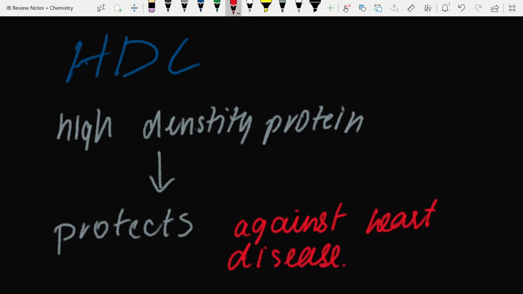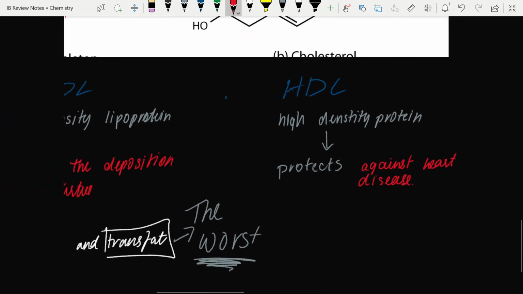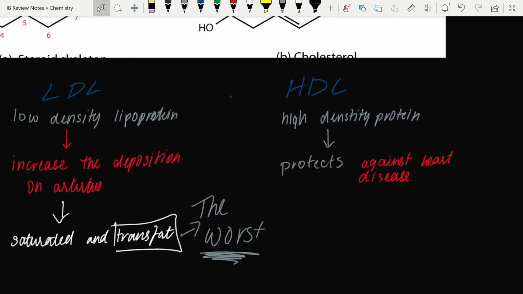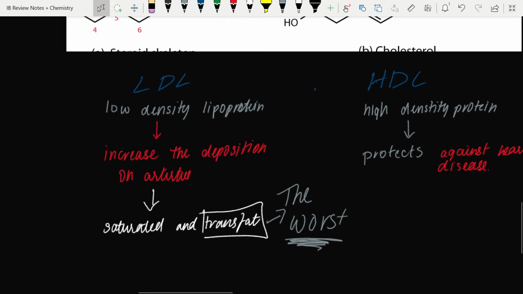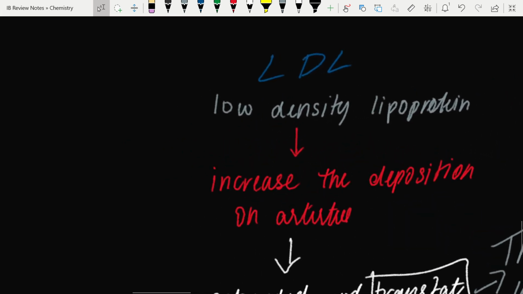HDL carries cholesterol away from the arteries to slow its buildup, which LDL builds up. So one way to decrease your LDL is to eat a lot of omega-3s, unsaturated fatty acids, like fish oils and flax seeds, to reduce cardiovascular disease.